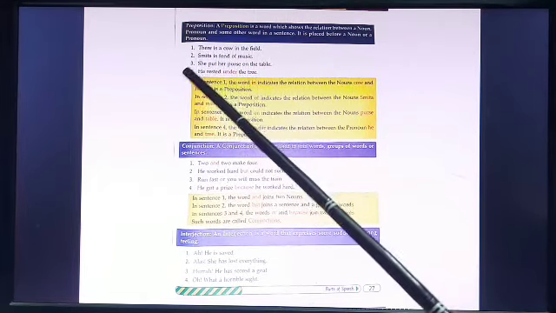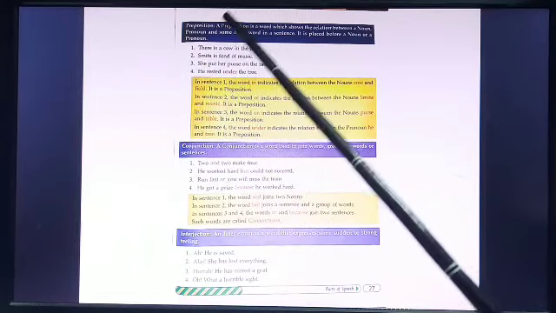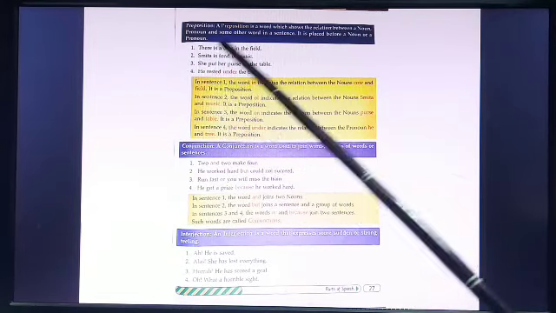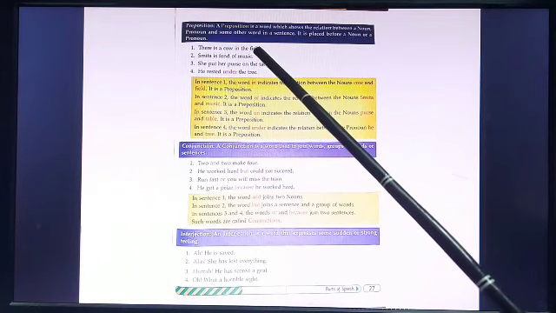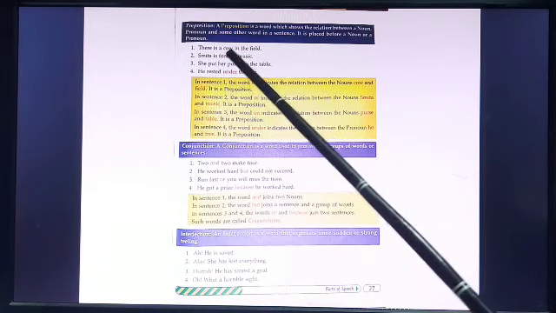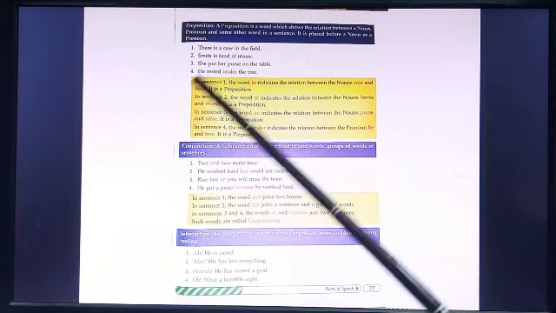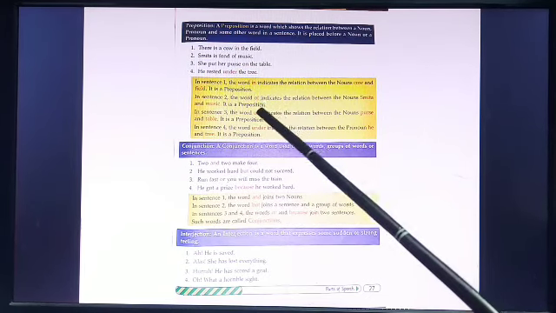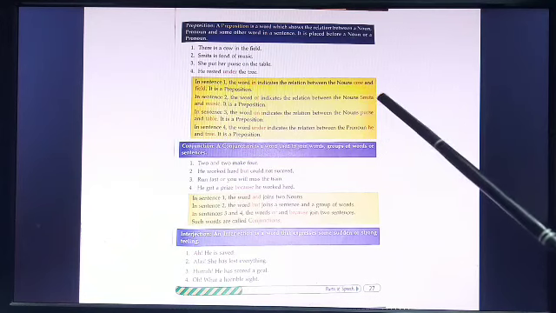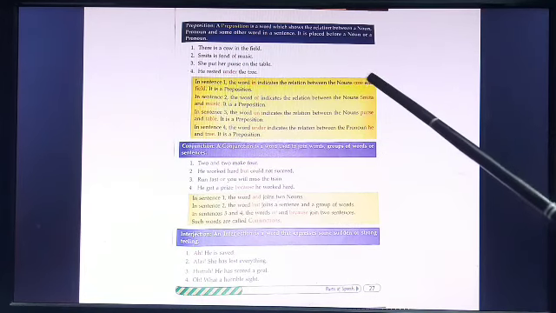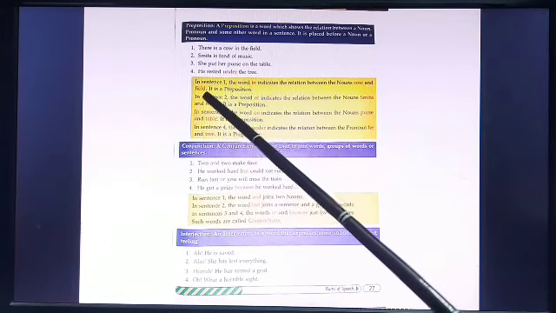Now let's see number 2. Smita is fond of music. So here the nouns are Smita and music, right? And what binds them together is the preposition of. So in sentence 2 the word of indicates the relation between the noun Smita and music. Smita is the proper noun, music is a common noun.